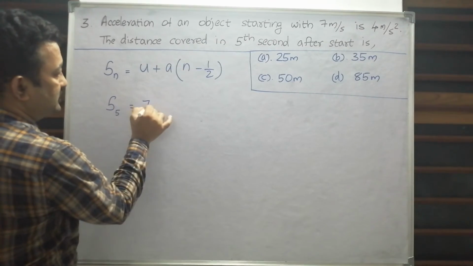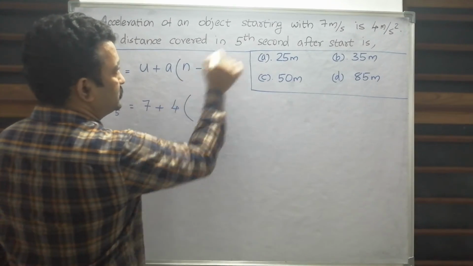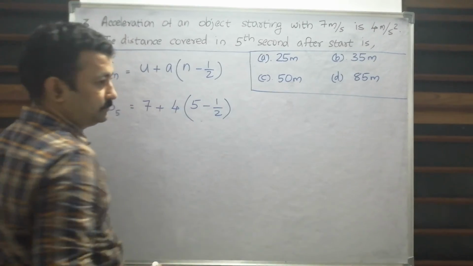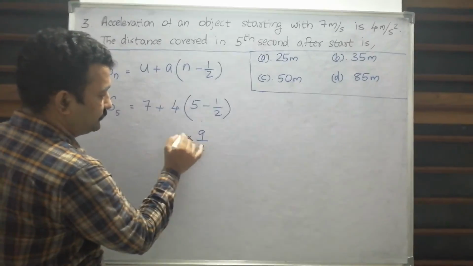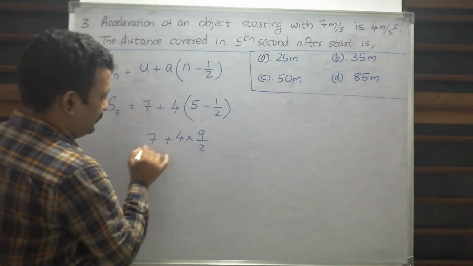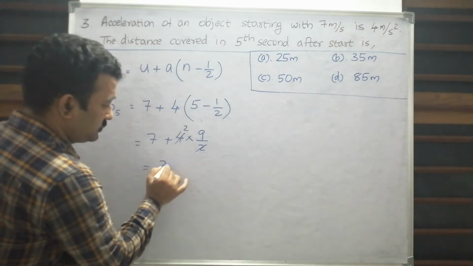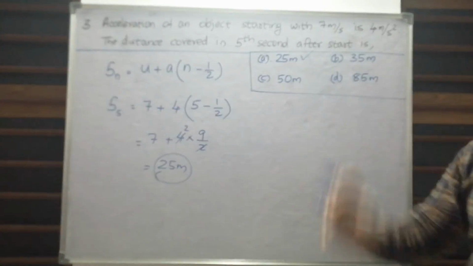U is 7, acceleration is 4 and the displacement happening on the fifth second. So this is the formula. 10 minus 1 is 9 by 2 times 4 plus 7. 18 plus 7. Problem gives the answer of 25 meter.